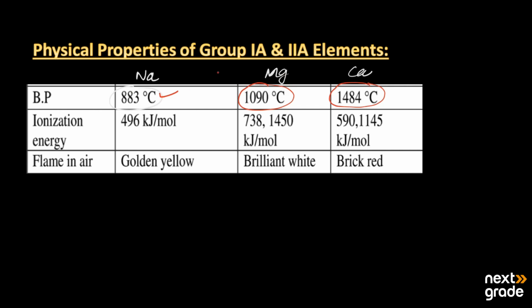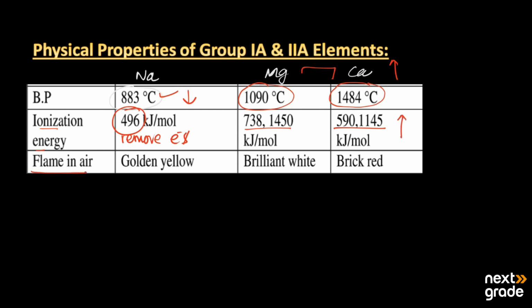So the boiling points of magnesium and calcium are higher and that of sodium is lower. Then we talk about the ionization energy. The ionization energy means the energy required to remove an electron from the valence shell. The ionization energy of sodium is 496, and the first and second ionization energies of magnesium and calcium are higher.